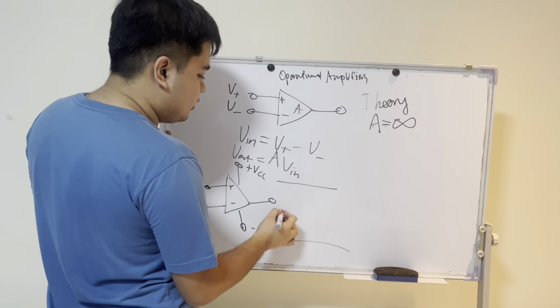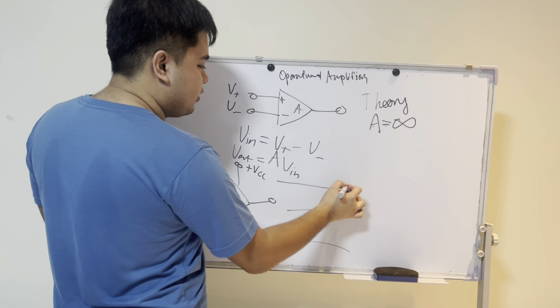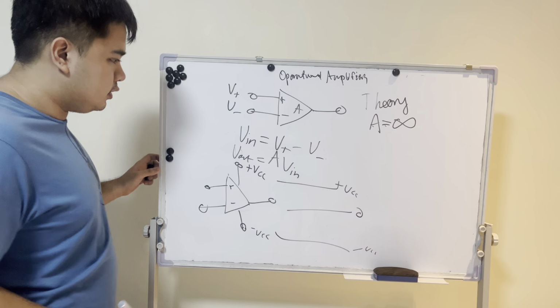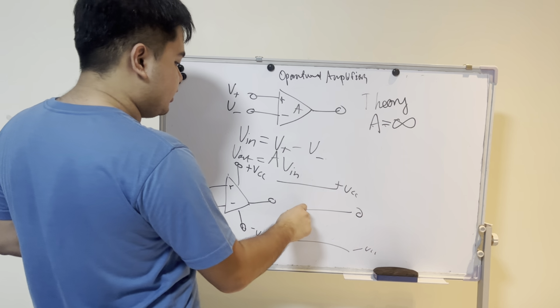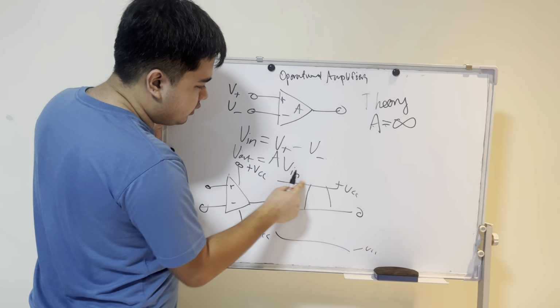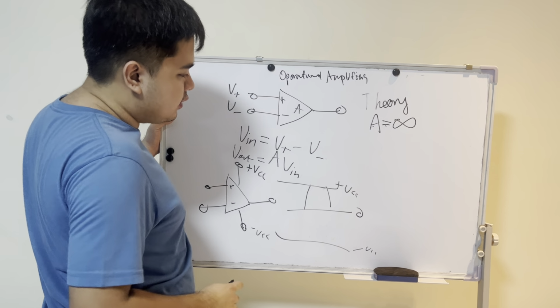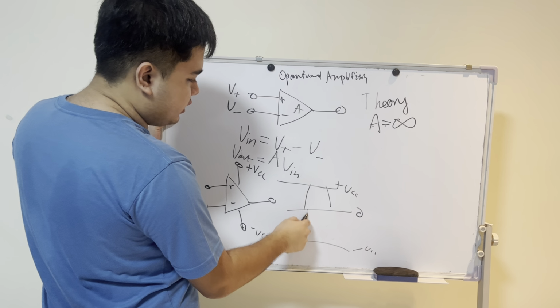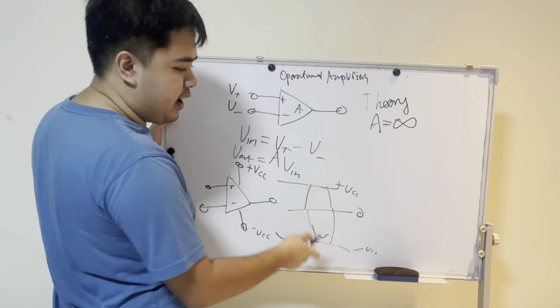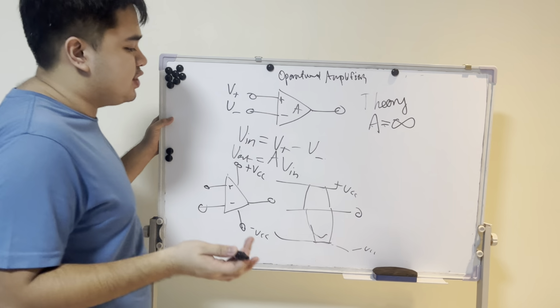So 0 is in the middle, positive VCC and negative VCC. If the voltage exceeds positive VCC, that gets cut off and clamped down to VCC. And if the voltage exceeds negative VCC, it gets clamped up and goes to negative VCC instead.